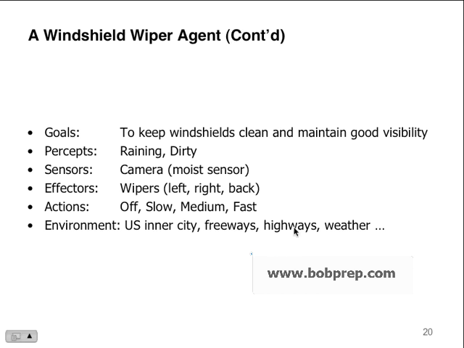And then the environment. Well, the inner city might be an environment, freeways, highways, weather. So we can take the environmental conditions under consideration. If we sense rain, as an example, we have a moisture sensor or temperature sensor on our windshield, which is what most of them are doing right now anyway. It senses the moisture and puts them on automatically for you, but it puts them on slow.